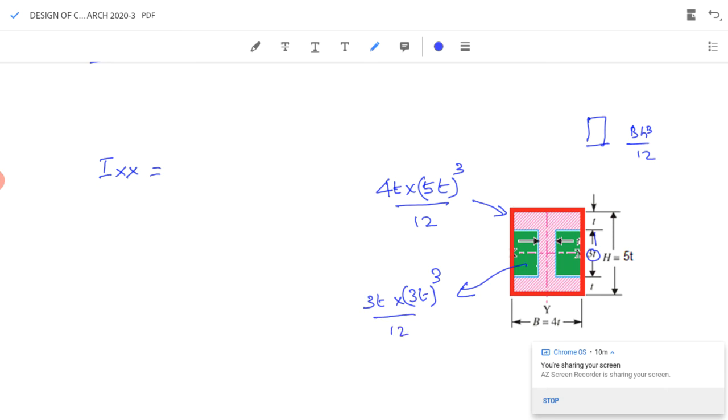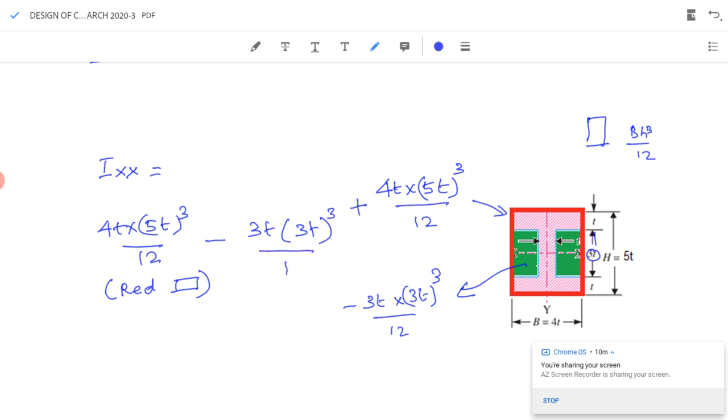So my total Ixx will be equal to, we have to add this one, we have to subtract this one. So 4t into 5t whole cube by 12, this is for the red rectangle, minus 3t into 3t whole cube by 12, which is for the green shaded rectangles.